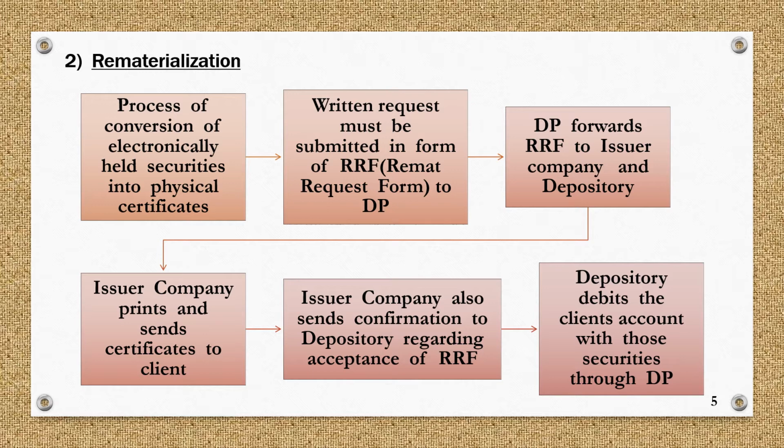Thus, on completion of all these steps, the securities of the client get converted into physical form, that is now the client holds securities in paper form. Out of these two processes of dematerialization and rematerialization, the process of demat is very easy and less time consuming, whereas the process of rematerialization is a complex process as well as time consuming.